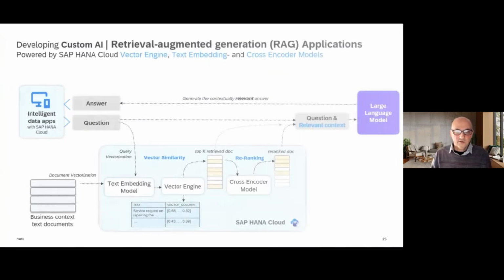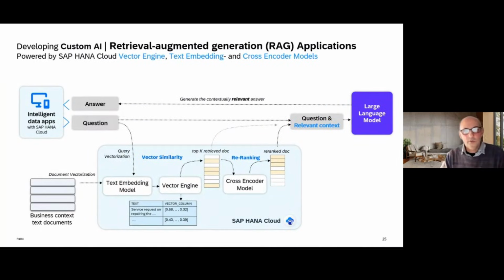And in that context, just to illustrate, take retrieval augmented generation applications, where we have business data which is run through a text embedding model and stored via the vector engine. A query comes in, which is supposed to be passed to the large language model. The vector engine is called for relevant content. The vector engine, using the similarity search function, provides the top K retrieved documents.